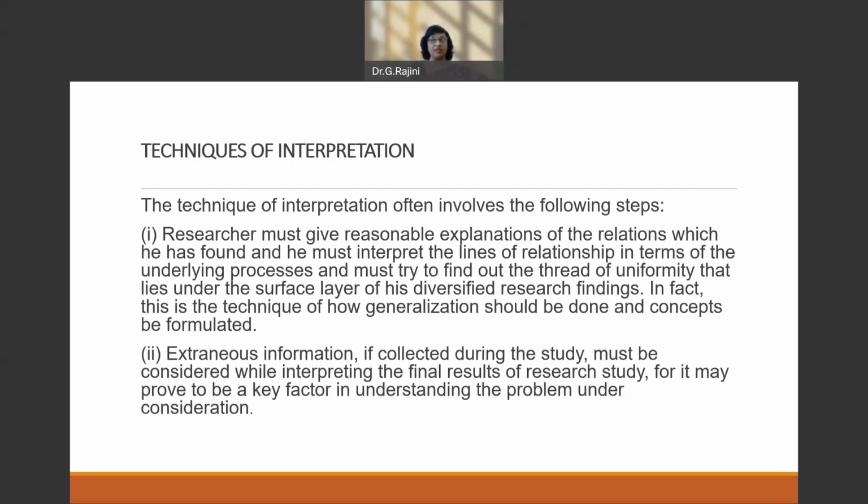So we have got some base theory, and must try to find out the thread of uniformity that lies under the surface layer of his diversified research findings. You can apply any number of tests of significance, or measures of central tendency, or you can go in for a higher level of analysis using any type of software.